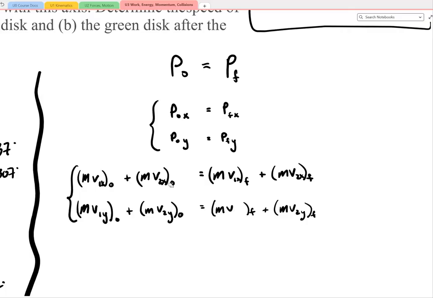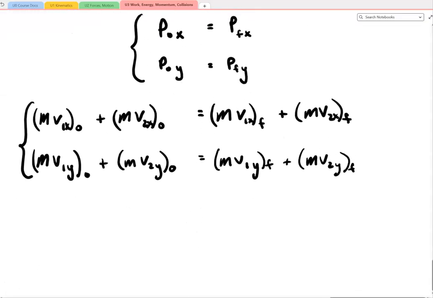Keeping track of all of these subscripts can be a little bit challenging, but hopefully we've got it correct here. And a quick check can verify that. So 1x, 2x, 1y, 2y, and all of these are initial quantities. 1x, 2x, 1y, 2y, all of these are final quantities. Okay, very good. I think we're in good shape.